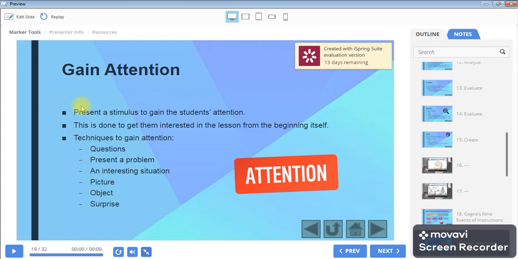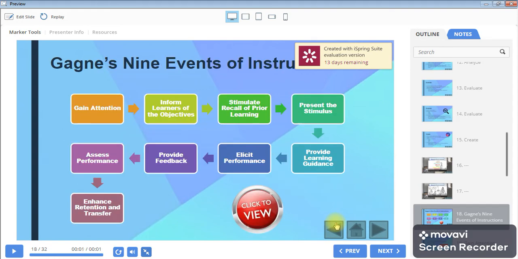Here are some techniques that a teacher can use to gain attention, such as questions, present a problem, an interesting situation, picture, object, or surprise. Everyone loves surprise, right? And what is the next step? Let's go back to the figure and check out.